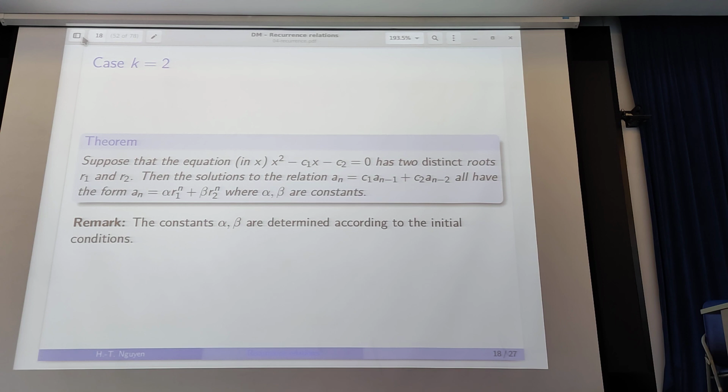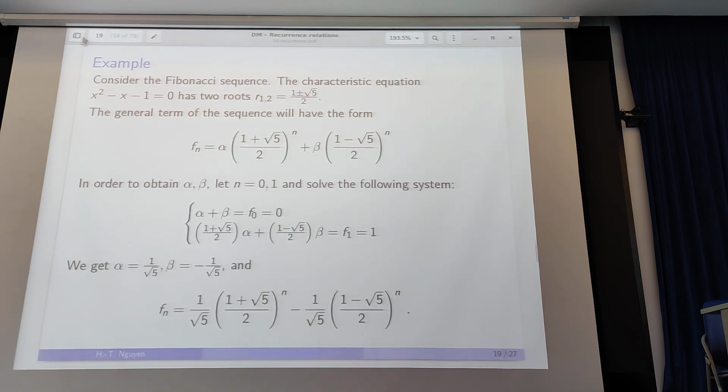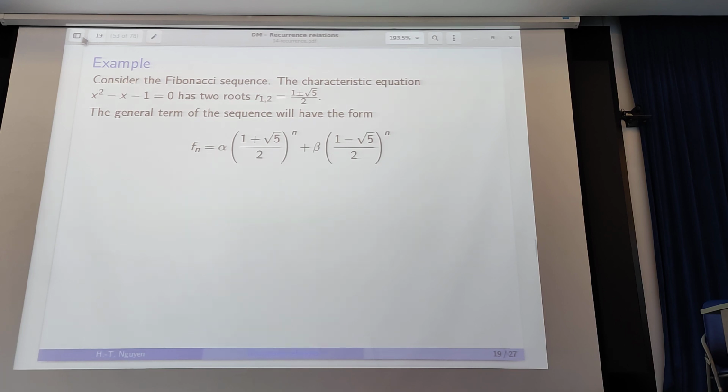In the example of the previous part, we started the sequence with f1, but now we can start with f0.